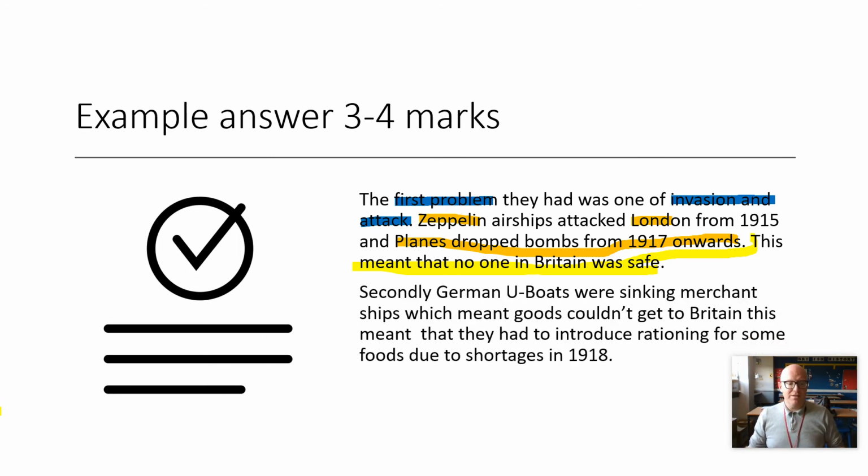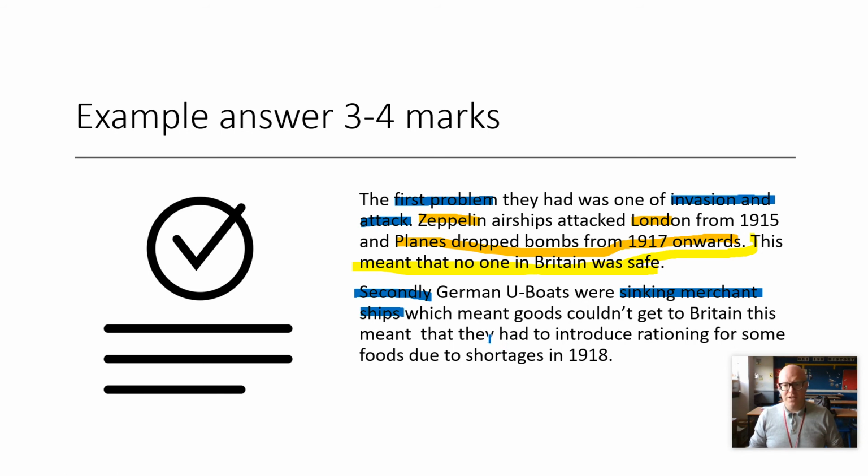Where do we go next? Well, here's my next paragraph. If I can get my blue pen on again. Secondly, U-boats were sinking merchant ships. There's a second problem, which led to food shortages.